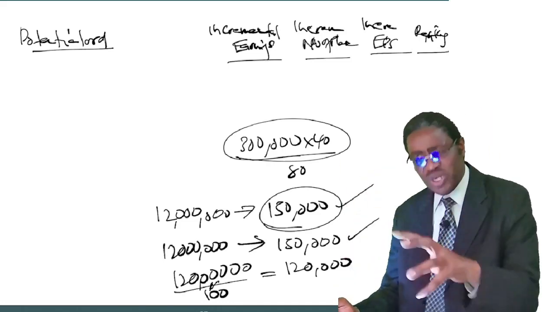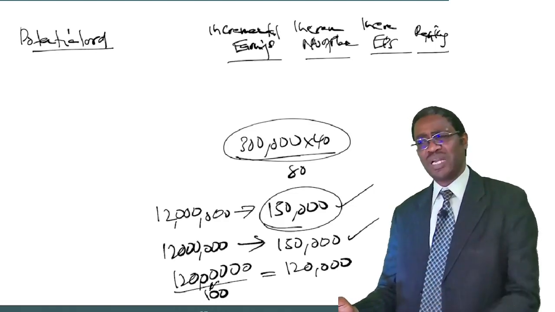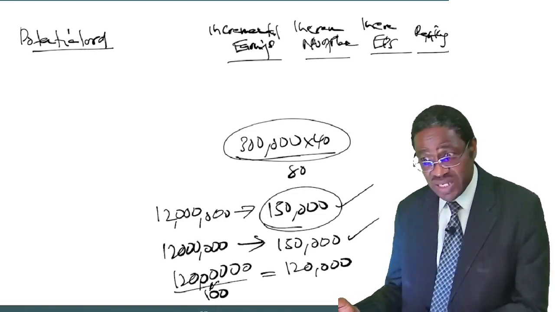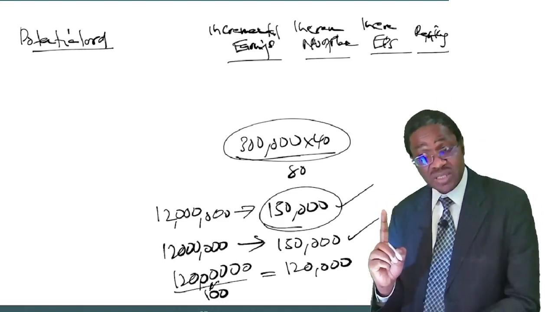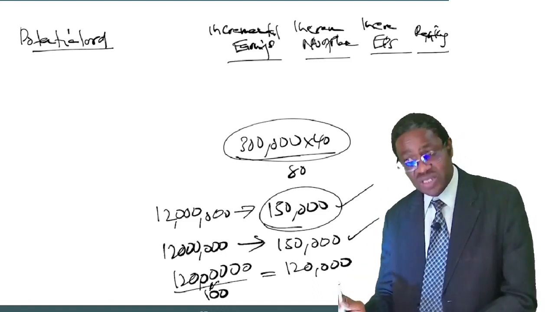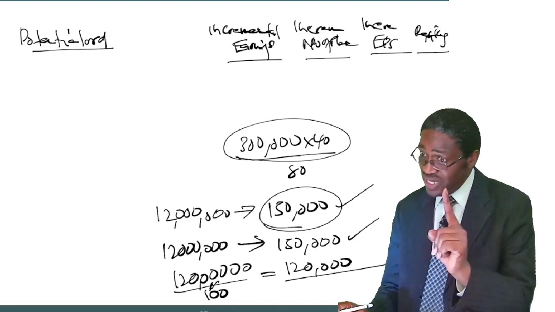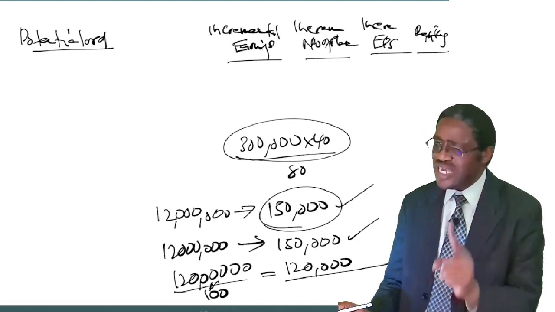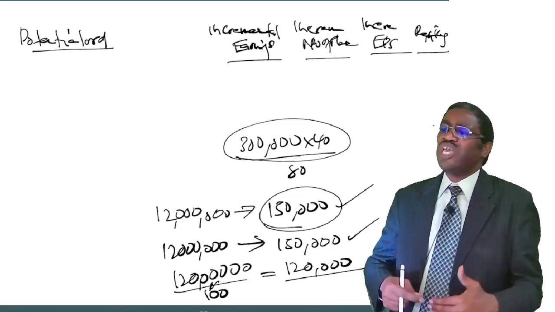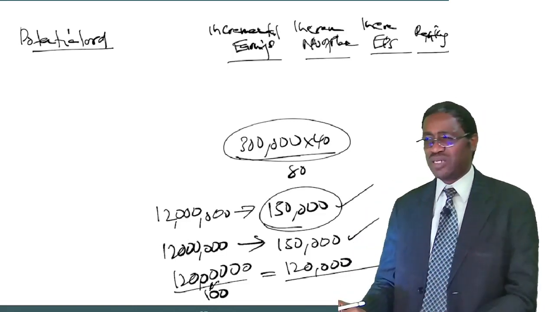But suppose you bring in the other balance of 12 million at a time when the market price has increased to 100. That means your 12 million will not be enough to buy 150, it will be enough to buy 120. But we have agreed, the moment you bring in the 12 million, I am not going to give you 120 as per the market requirement.